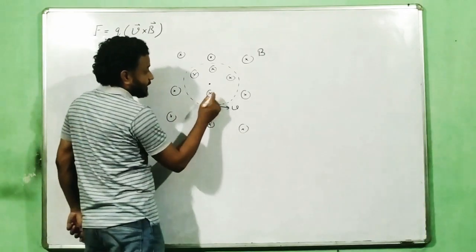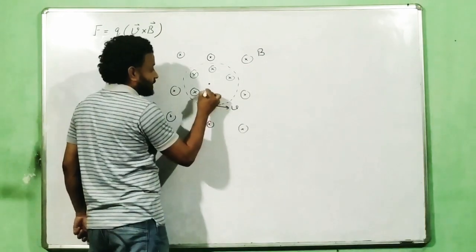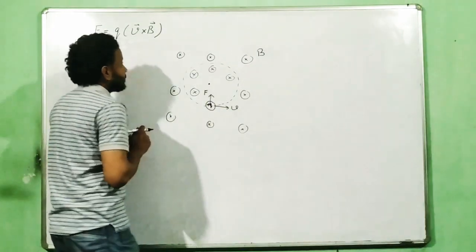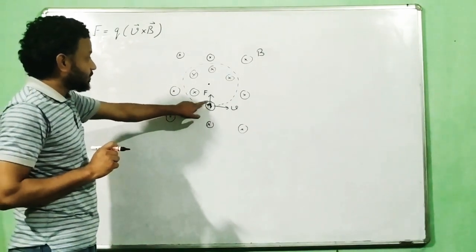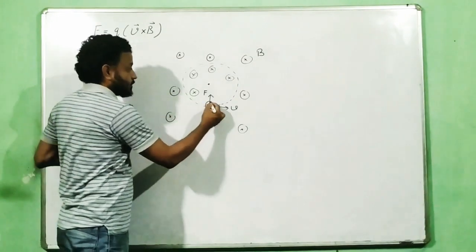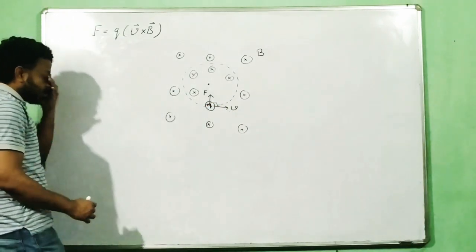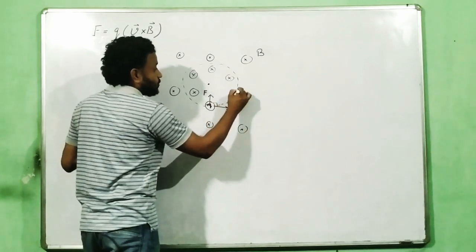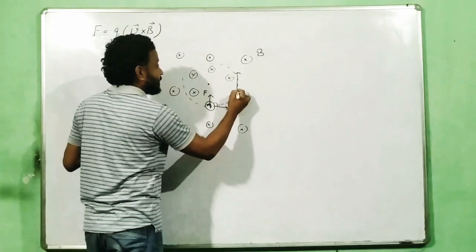If you can see here, the force at this point will be in this direction. This is the force. Here they ask this very special question: what is the direction between the force and the velocity? And hence your answer is the direction between force and velocity is 90 degree. And every time the body tries to go out from the circle, the V cross B again pulls it back.